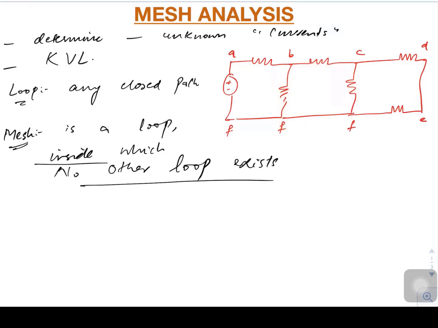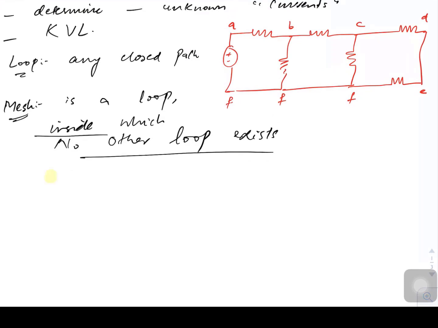So can you tell me how many loops this circuit has and how many meshes this circuit has? The number of meshes is, you can see, 1, 2 and 3. So only 3 meshes are here. And what about the loops? The meshes that we have written are also part of the loops, plus there are a few other ones that we can consider as loops. Like this one, it is a loop.